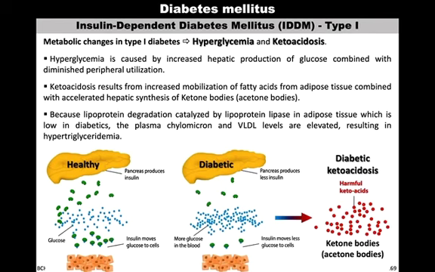And because the lipoprotein degradation catalyzed by the lipoprotein lipase in adipose tissue is low in diabetic patients, the plasma chylomicrons of fat and VLDL levels are elevated, resulting, of course, in hypertriglyceridemia.